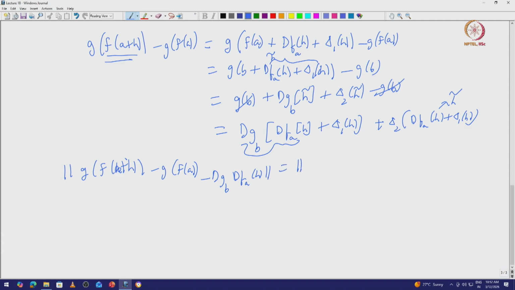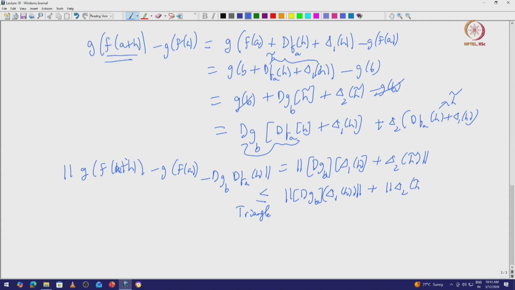This equals the derivative of g of b, this matrix, times delta 1 of h, plus delta 2 of, let's call this h tilde for now. This is by the triangle inequality, which is our best friend, as I said. Derivative of g of b times delta 1 of h plus h tilde.